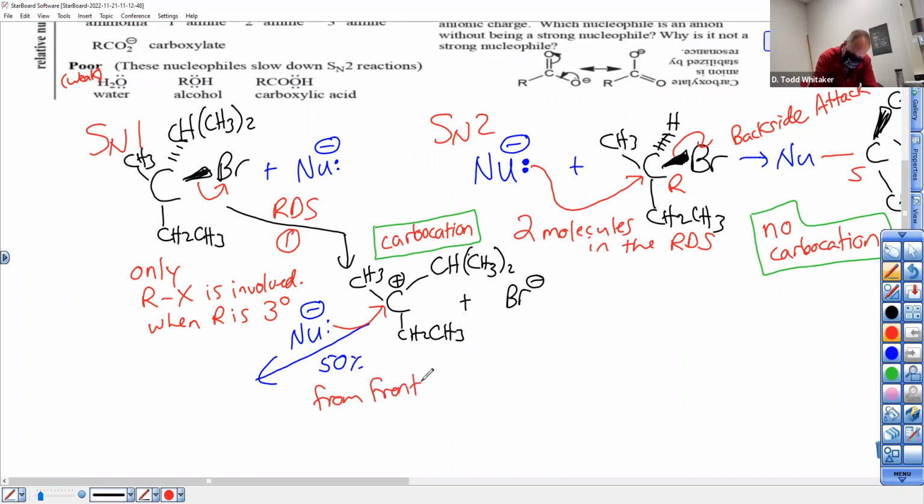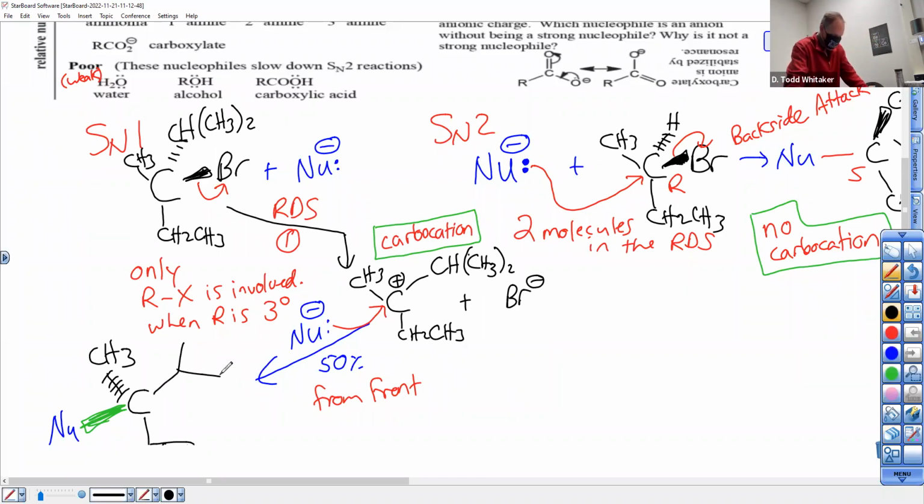In which case you will get this species. It came in from the front. There's your new bond, and you got your ethyl. Maybe I'll make that a dash. Ethyl here. Why not go stick figure? Since we're here. Stick figure, stick figure. There you go. And 50%.